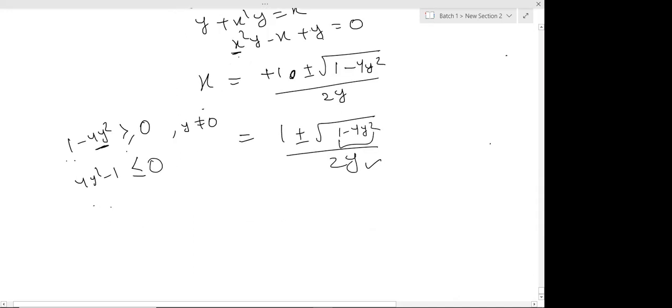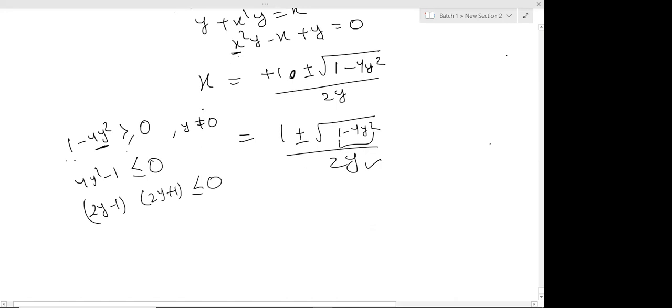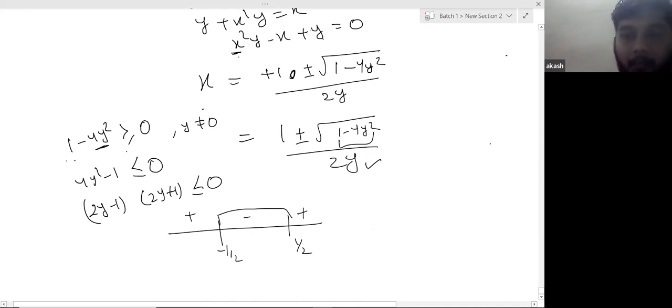Factorizing this will be 2y minus 1, 2y plus 1 less than or equal to 0. In the wavy curve method, the critical points will be minus half and half, with signs plus minus plus. So we can only get the value of y as minus half to half.